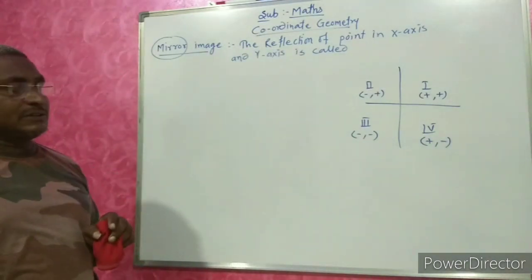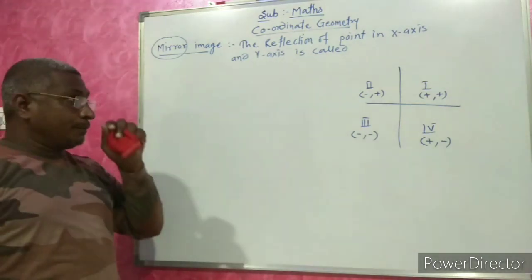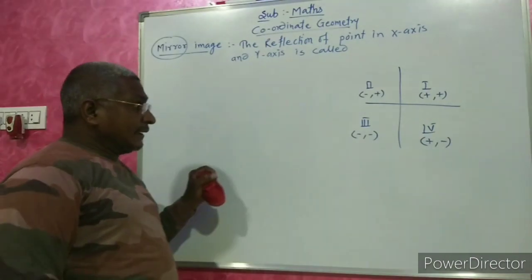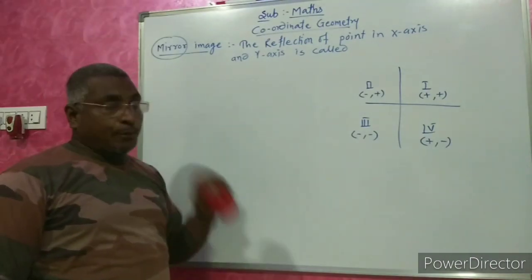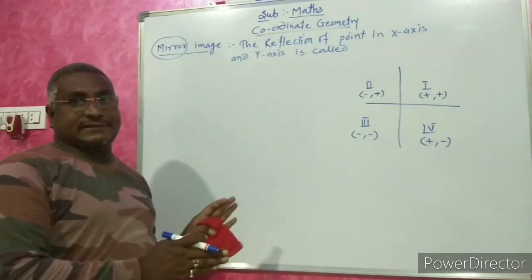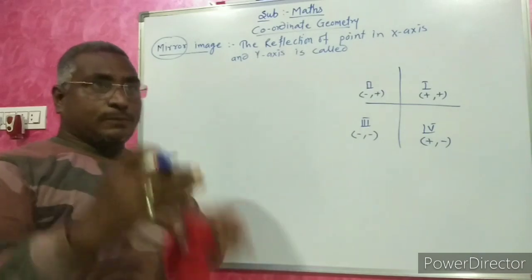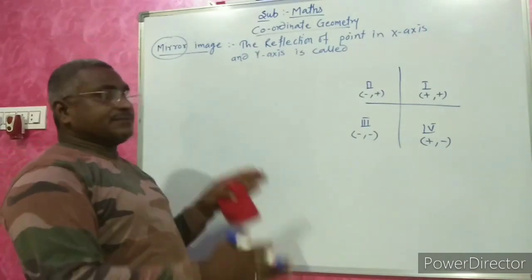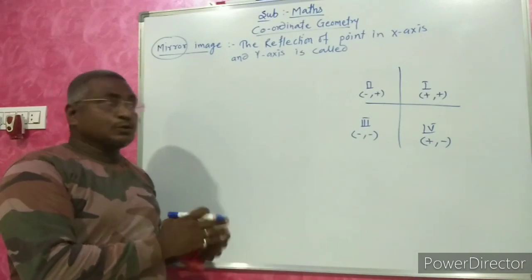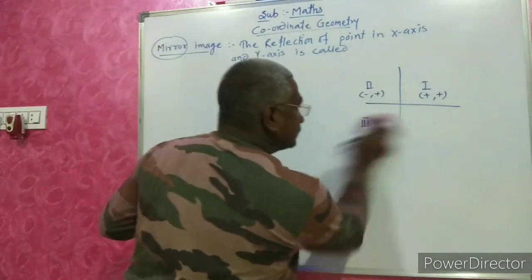And another important point of mirror image is that the image of a point will be at an equal distance from the axis. At whatever distance the object is, the image will also be at the same distance. So for that purpose we will discuss.